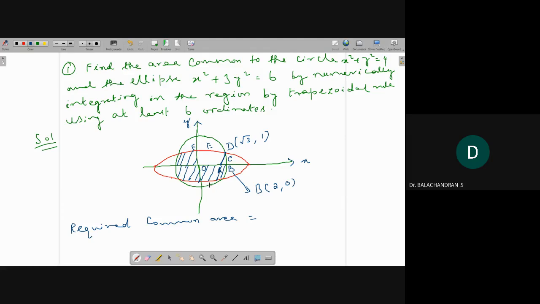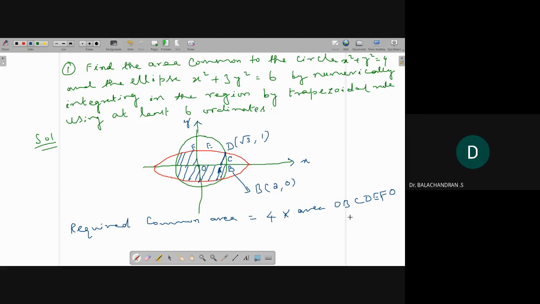That is equal to 4 times the area of O, A, then O, B, and then C, this arc, and then the point D. After point D, there is an arc E, and then point F, and then O. So you should find the area of this region and multiply by 4. That is the required common area.